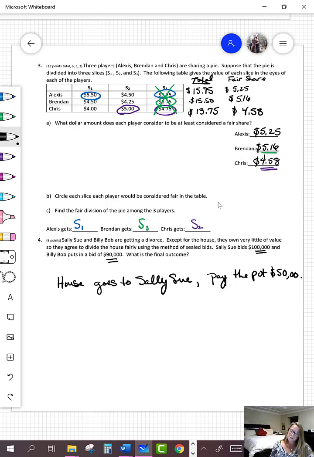Okay, so Billy Bob doesn't get the house, but he gets at least half of the amount of what he believes his fair share of the house was. So Billy Bob gets $45,000, half of $90,000, from the pot.